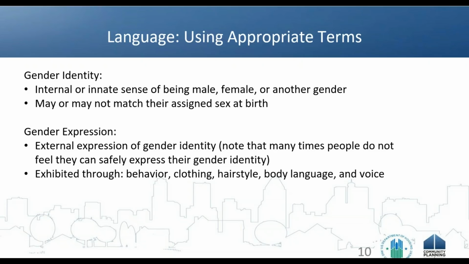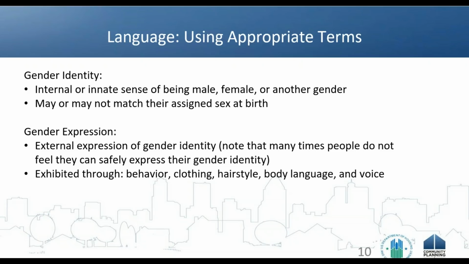Because somebody is perceived to be female or male, we as a community have an expectation that that individual will behave in a certain way, that their hair will be styled in a particular way, that they will or will not wear dresses, that they will or will not have a certain intonation to their voice. And when our expectations conflict with an individual's actual expression is when we get the friction, the complication.